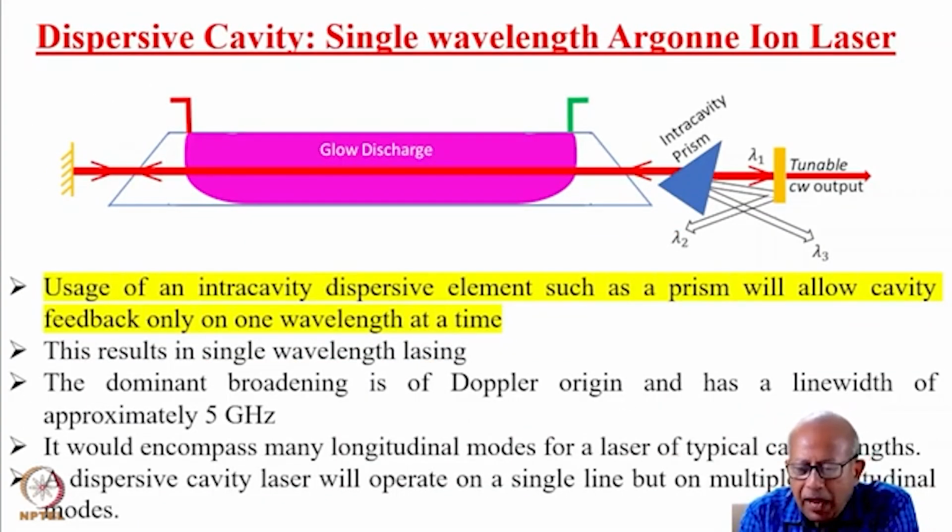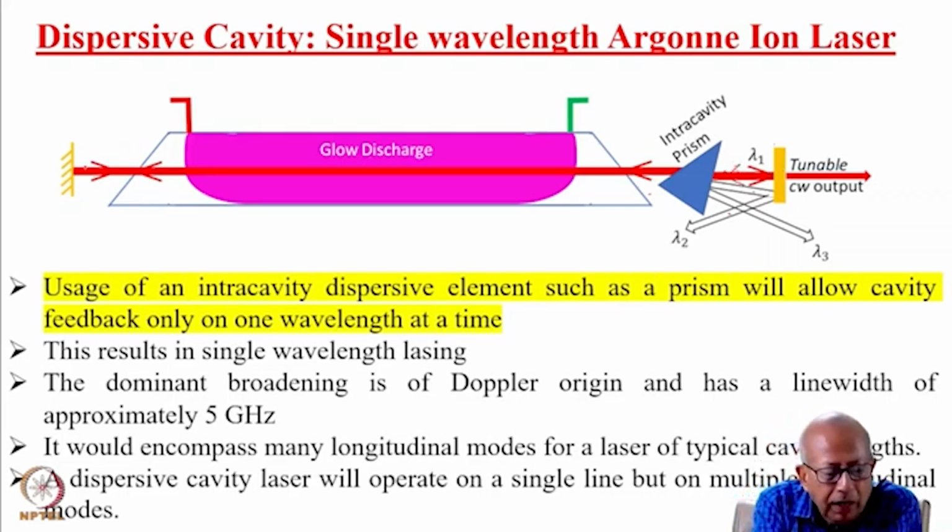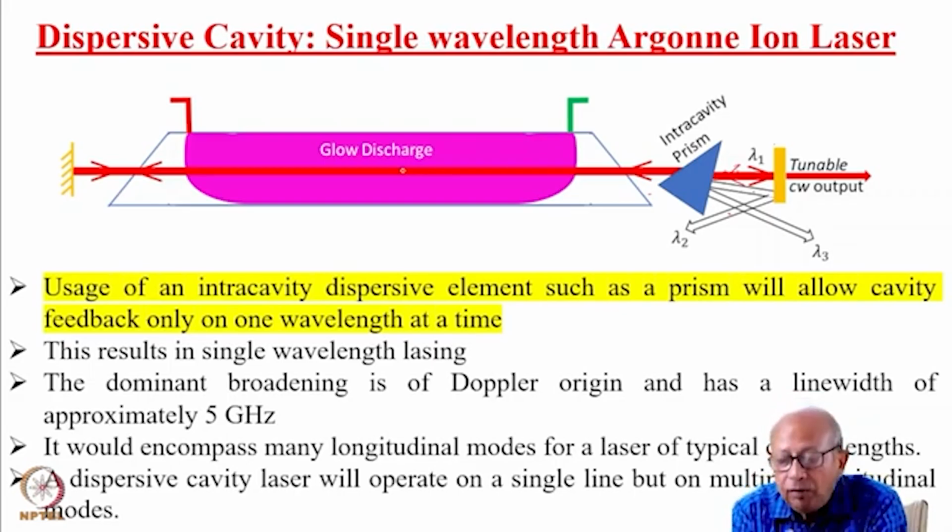However, as these three wavelengths shine on this prism, the prism will split them. This is lambda 1, lambda 2, lambda 3. And only one of these wavelengths will fall normally on this mirror, and therefore this alone would be able to reflect back and oscillate back and forth inside the cavity, and would be able to extract energy from this gain medium and be amplified.